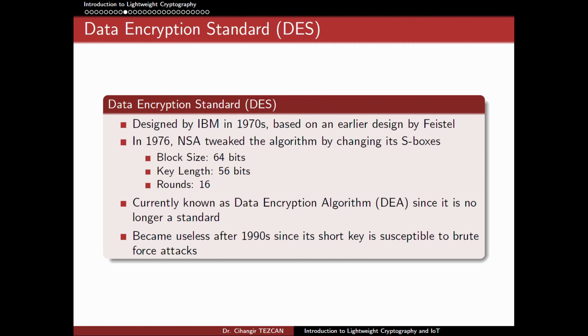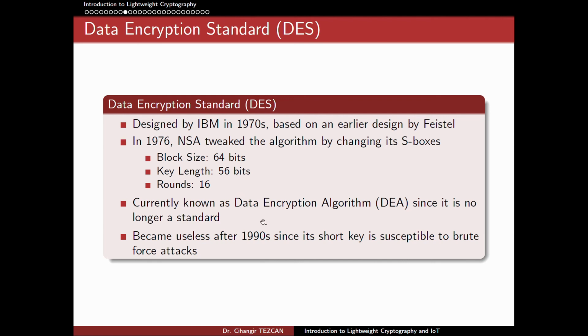This modification actually made the algorithm stronger because NSA knew a cryptanalysis technique that today we call differential cryptanalysis, and they changed these S-boxes so that it became a stronger encryption algorithm. But their modification also reduced the key length, which made it unusable after the 1990s.